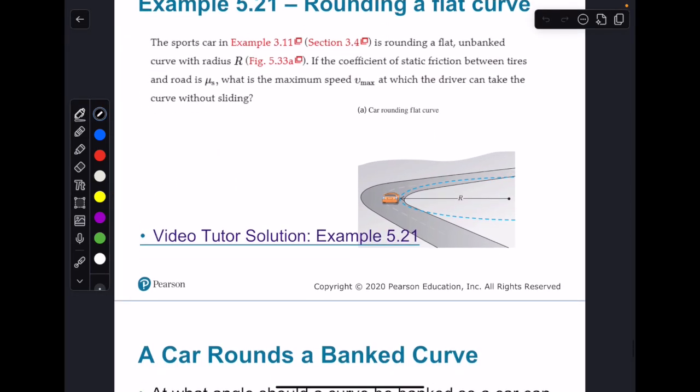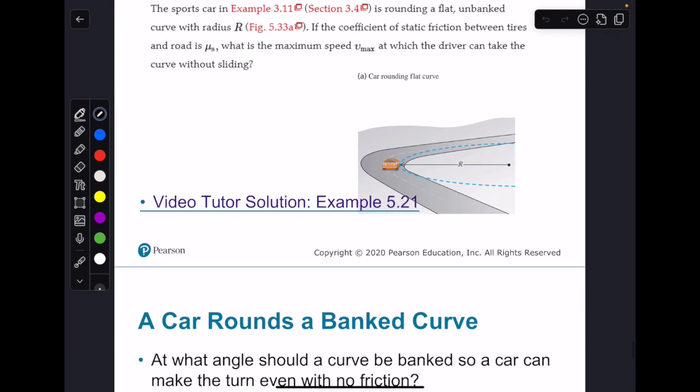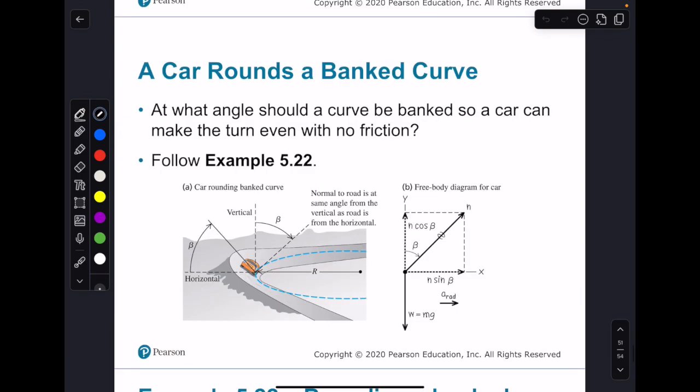So there are some ways that engineers can avoid relying on the friction between the tires and the road to keep you safely turning on a curved street. What you can do is bank this curve, so you can incline this curve, and that's going to allow the car to make this turn safely without considering the friction between the tires and the road.